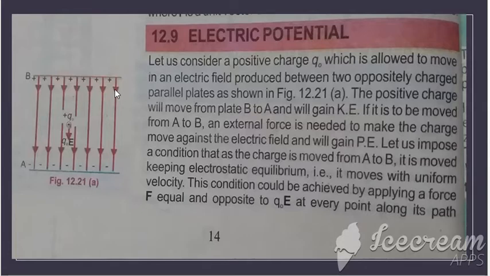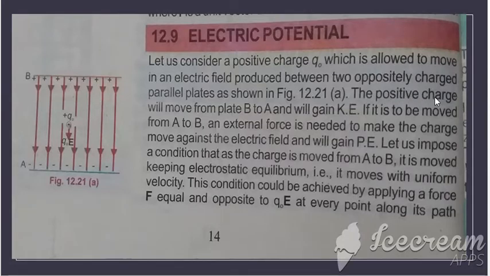Whenever there are opposite charges on two parallel plates, there exists an electric field between them. This can be proven by the presence of the electric lines of force, and also if you place another charge in that field, it will experience a force. This tells us about the presence of the electric field in that region.